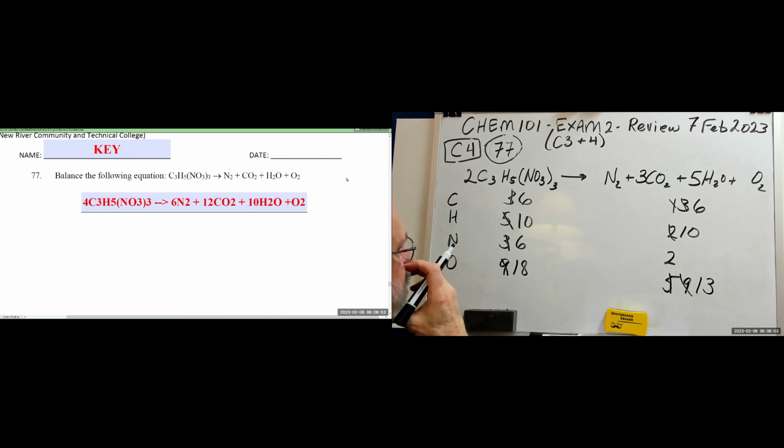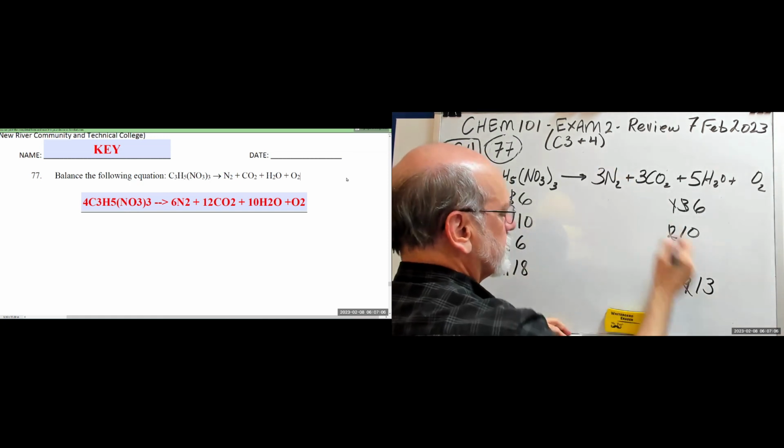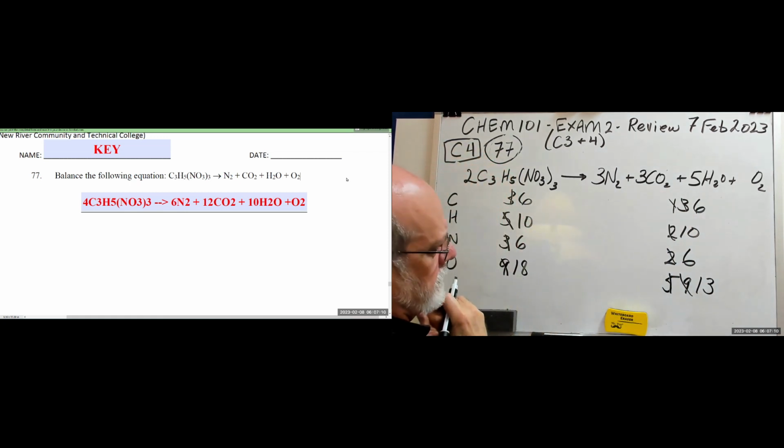Well, let me think. We still have to get nitrogens, right? We still have to get 6 nitrogens. So let's put 3 here. And then we've got oxygen at the end.